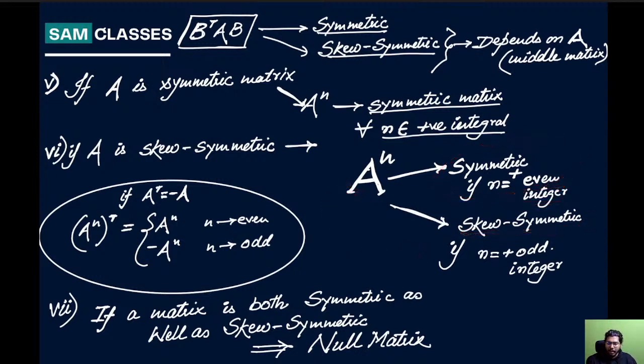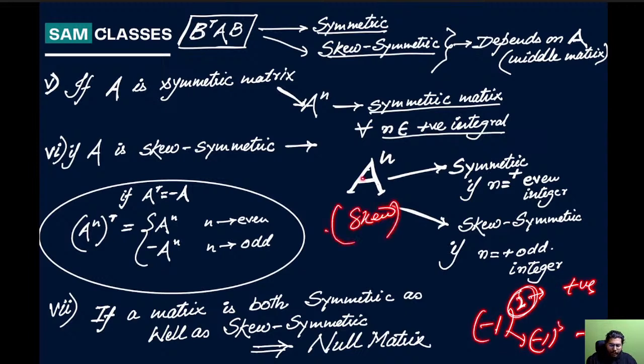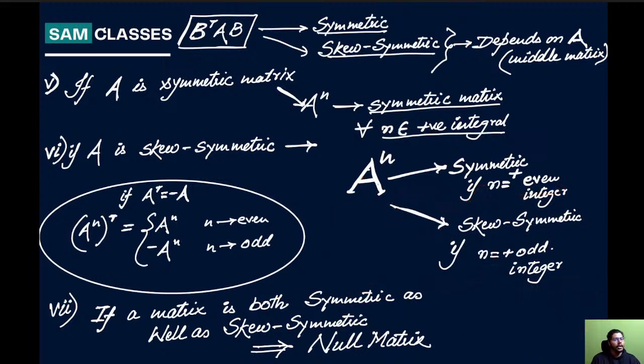Just like a negative number: minus 1 to any even power is a positive number, and to any odd power it is a negative number. Same thing. So whenever we have a skew-symmetric matrix, for even power you can directly write symmetric, and for odd power you can write skew-symmetric. Everybody got it?